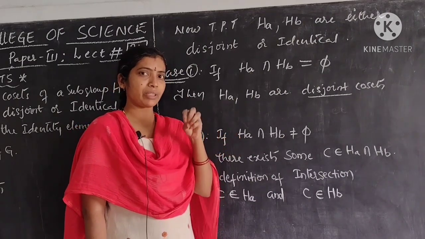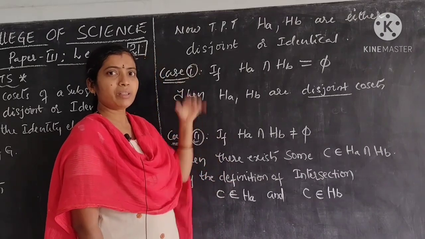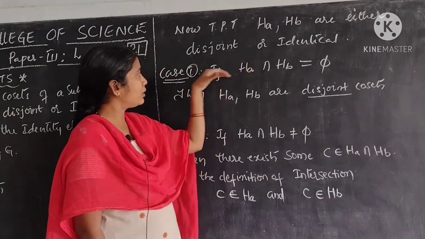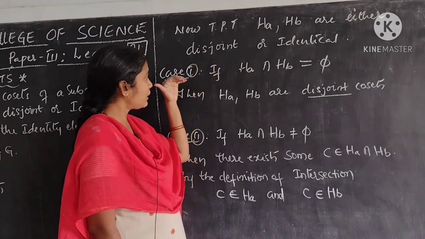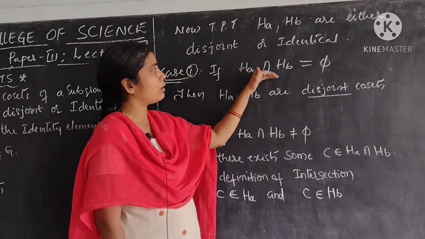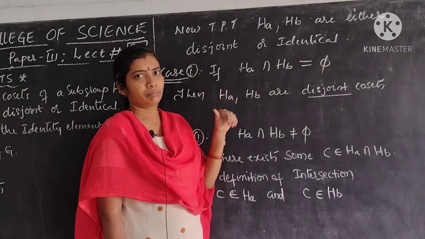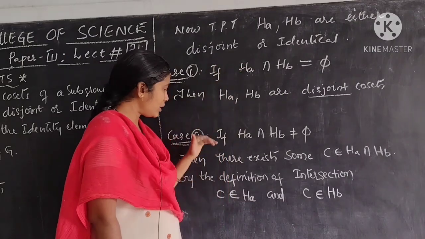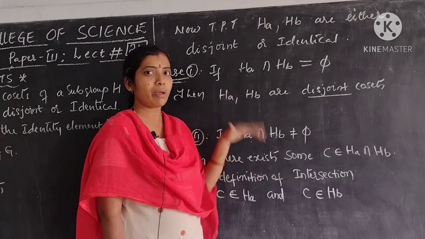Let us split this theorem into case 1 and case 2 in the sense of intersection. In case 1, the intersection of these two cosets is empty. Case 2 is about when the intersection of these cosets is non-empty, what happens?